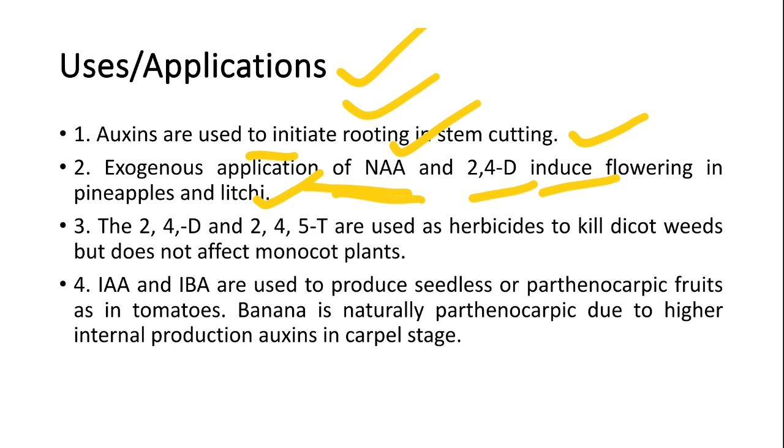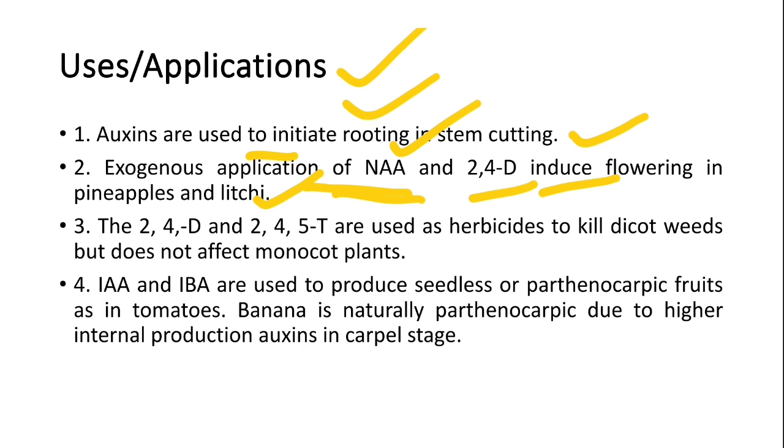Then 2,4-D, which is dichlorophenoxyacetic acid, and 2,4,5-T, which is 2,4,5-trichlorophenoxyacetic acid, are together used as herbicide to kill dicot weed, but it does not affect the monocot plant.